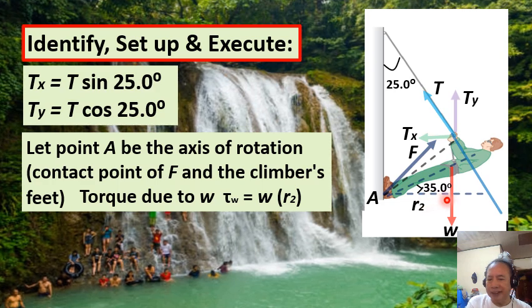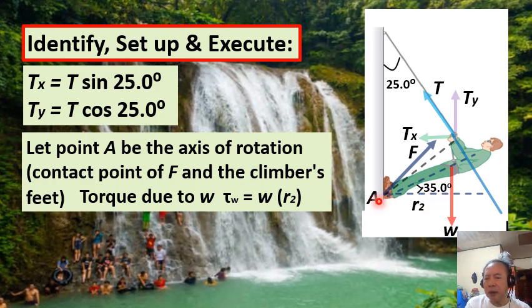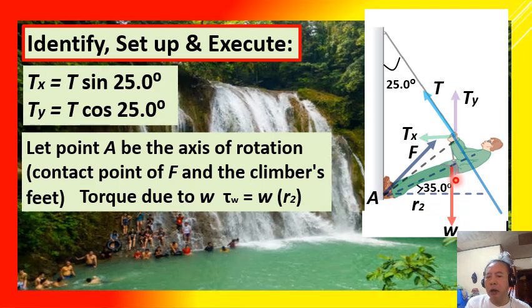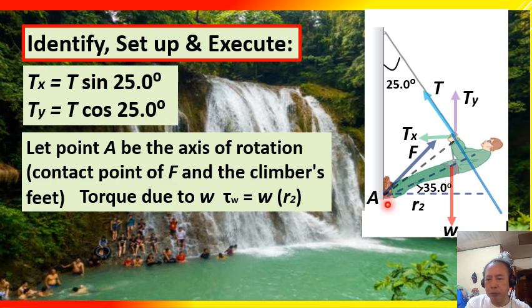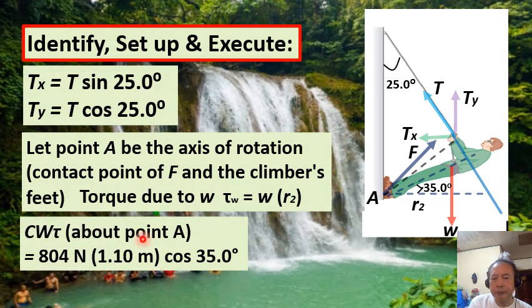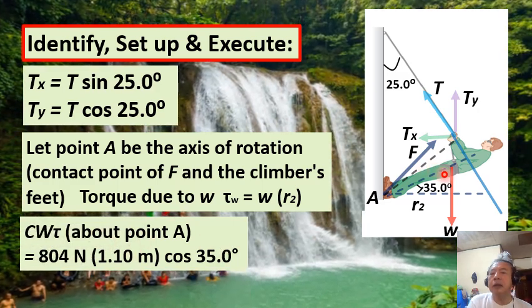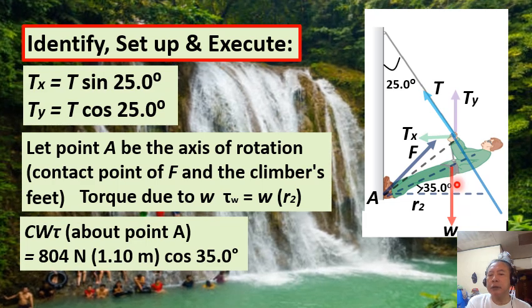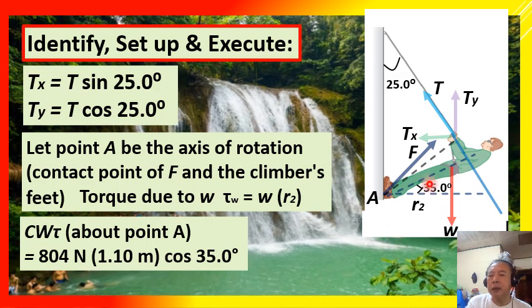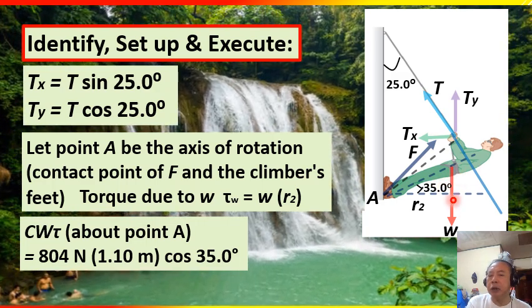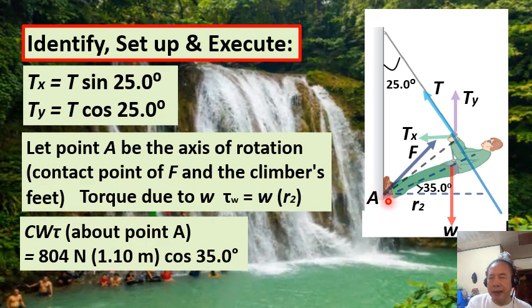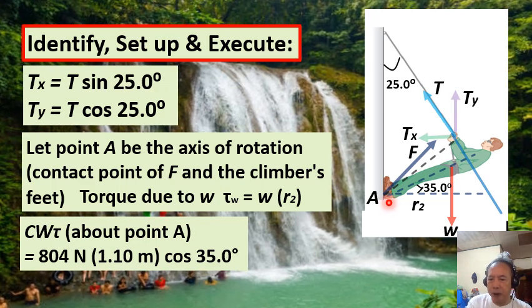R sub 2 is the perpendicular distance from the chosen axis of rotation, or point A, to the line of action of the weight W. And the tendency for the torque produced by the force W is to make the body, that is the climber, rotate clockwise about the axis of rotation that we have chosen, that is point A.